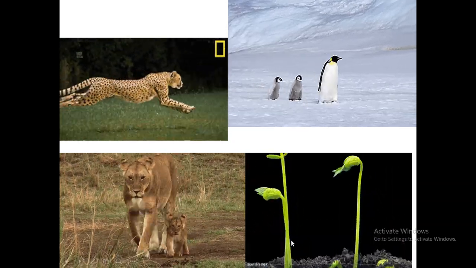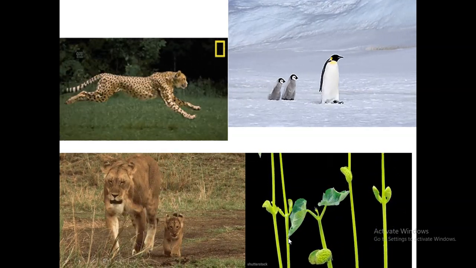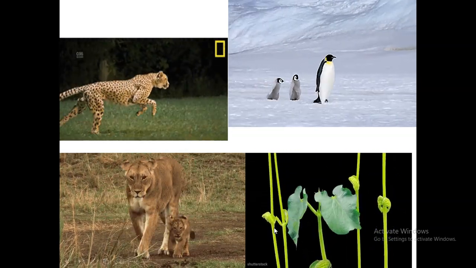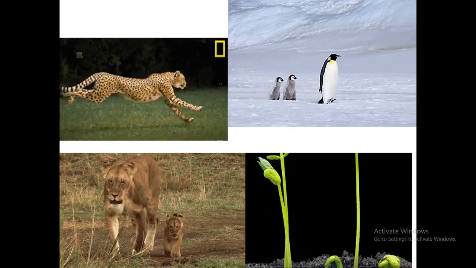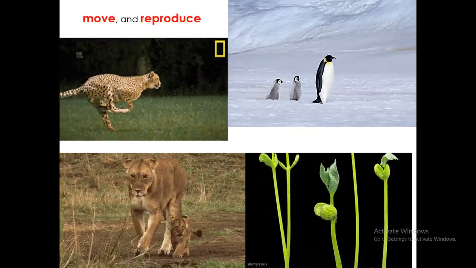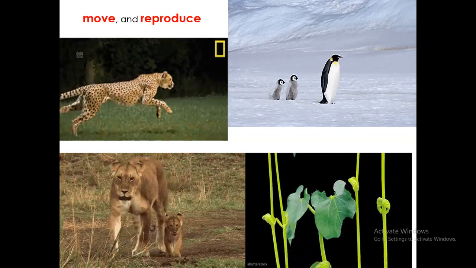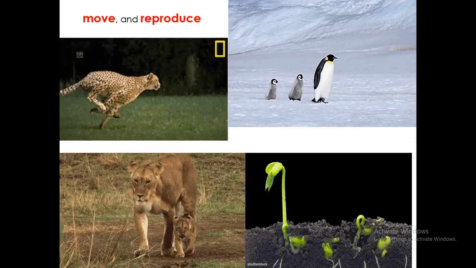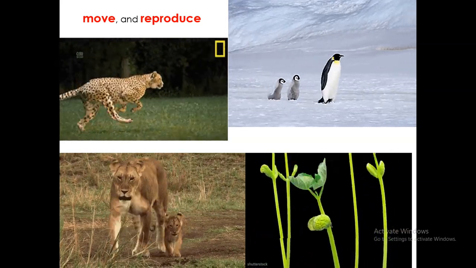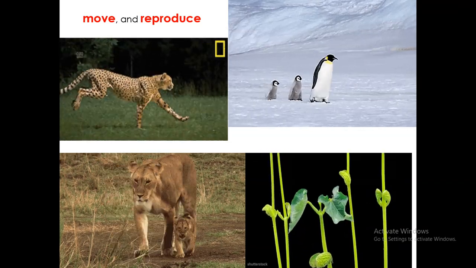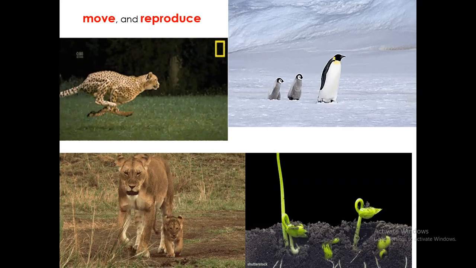Plants also can make new plants of the same kind. So living things, humans, animals, plants, they are alive, they can move, and they can grow and reproduce. Reproduce means they can make new babies or new plants.